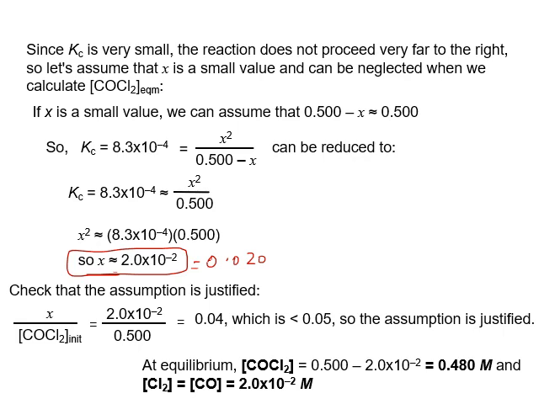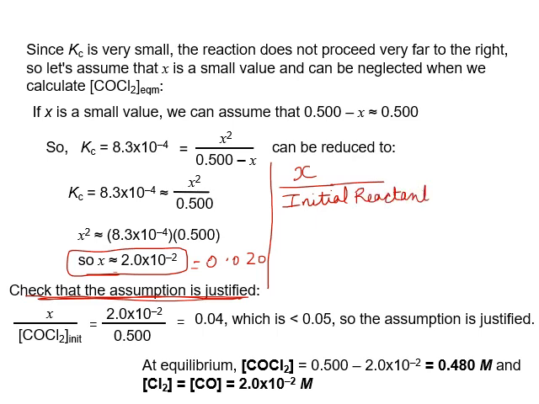But because I'm making an assumption, I have to prove that my assumption is actually correct. So whenever you make an assumption, you have to do one extra step, which is to check that your assumption is justified. How do you check for it? You simply take your value of x and divide it by the initial concentration of your reactant. Initial reactant concentration, always.